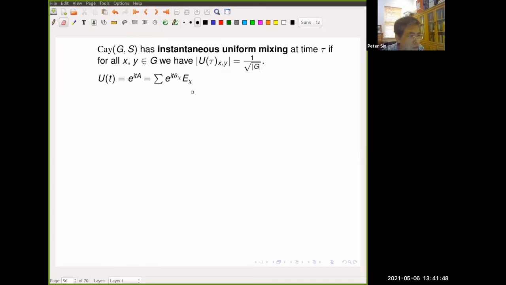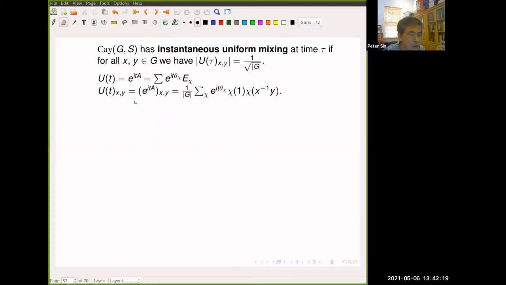Okay, so if we take the spectral decomposition of A, then U of t will be just the sum of e to the i t theta chi E chi. And so its xy entry will be, well, we have a formula for E chi from before. And so we could calculate the xy entry, and this will be it.